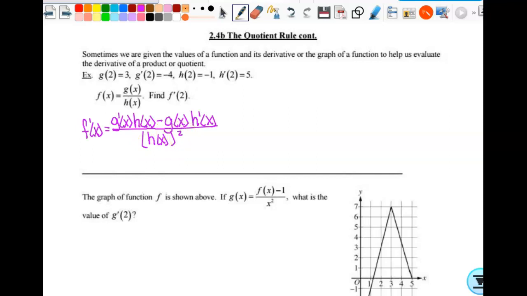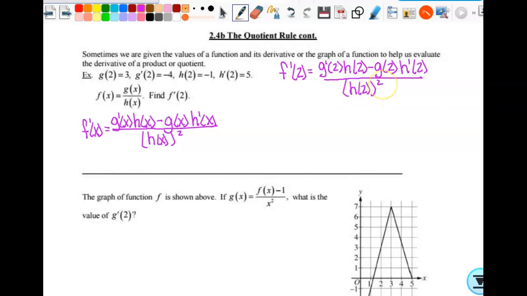So I have f prime of x. I want f prime of 2. So that's going to be g prime of 2 times h of 2 minus g of 2 times h prime of 2, all over h of 2 squared.